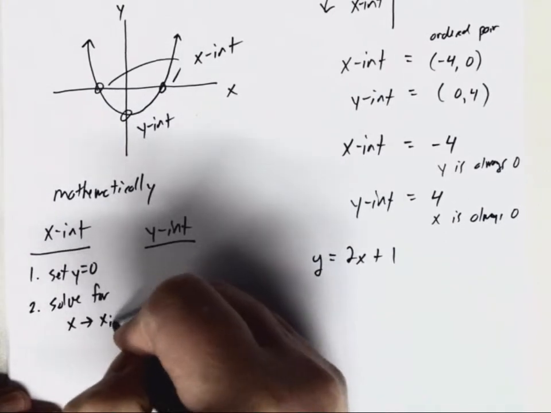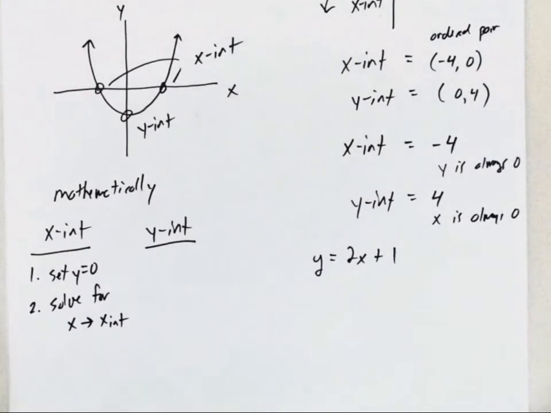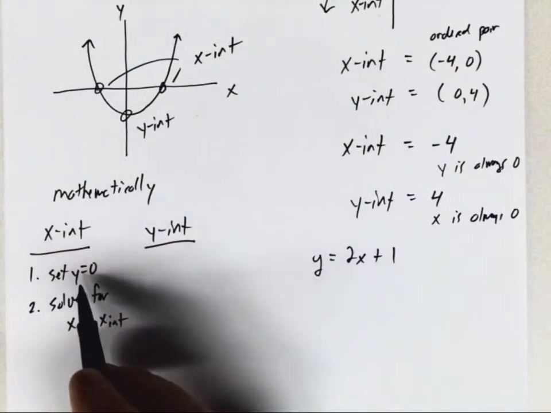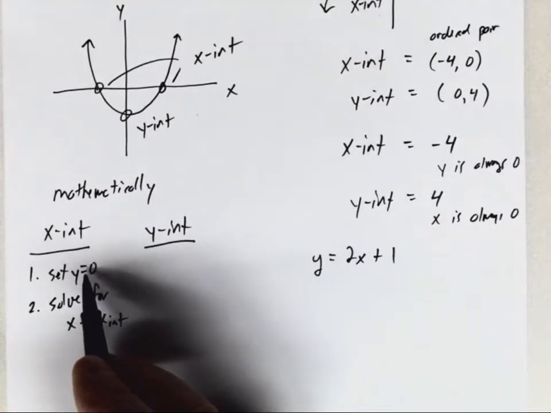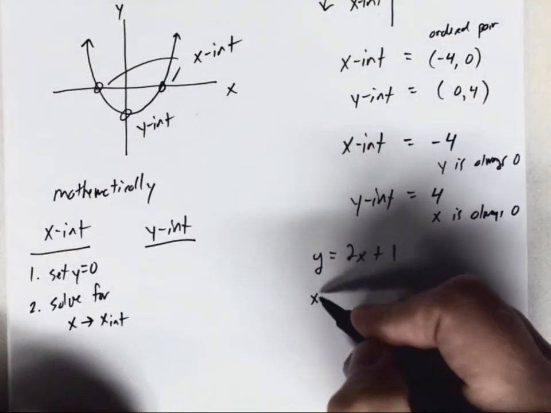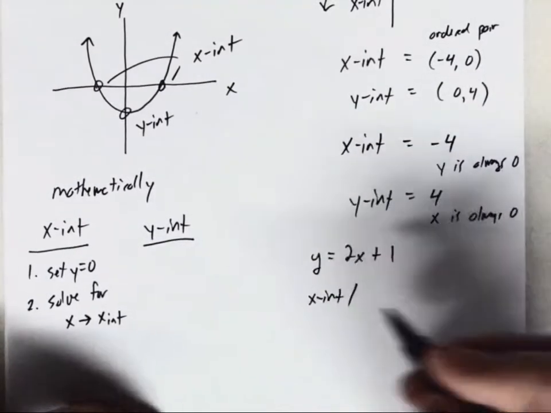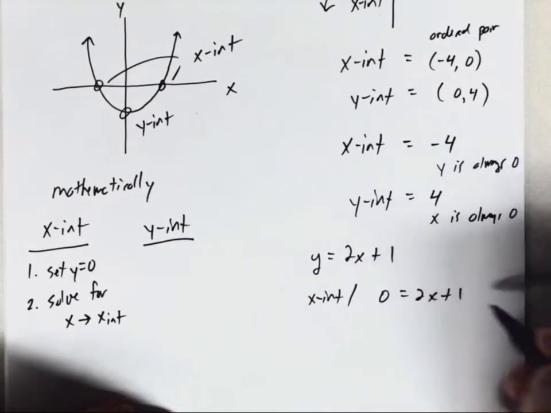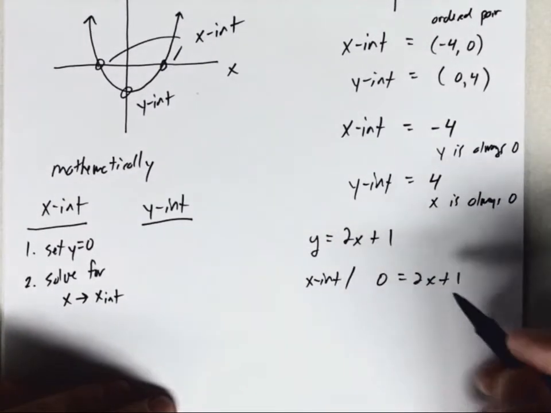And that x will in fact be your x-intercept. Since we know at the x-intercept y is going to be 0, we set y equal to 0 in our equation, and when we solve for x, that's the x-intercept. So for this one, to find the x-intercept, set y equal to 0, and I'm going to solve for x.